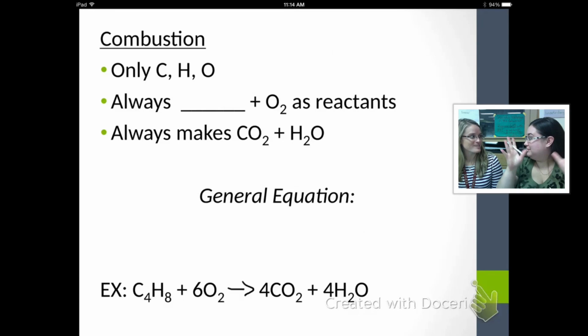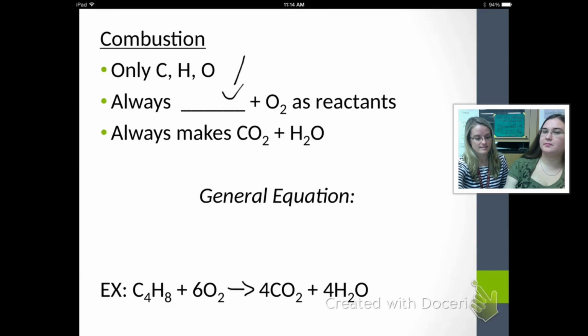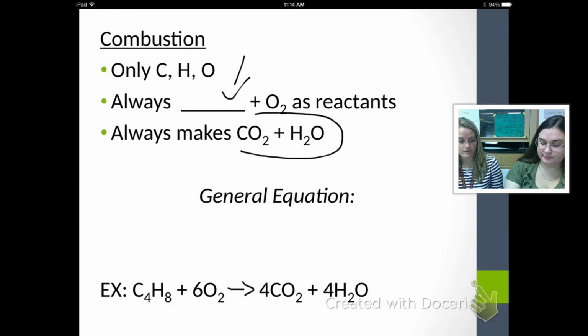All right, so combustion reactions, if you look at the entire equation, it's only going to have C's, H's, and O's in it. And when you have the actual blank that is right here, that's meant to be blank because that's for your carbon compound, because the carbon compound that you have that's going to react can vary. And it's always going to react with oxygen, so you will always have O2 as a reactant, and it will always produce CO2 and H2O, carbon dioxide and water.